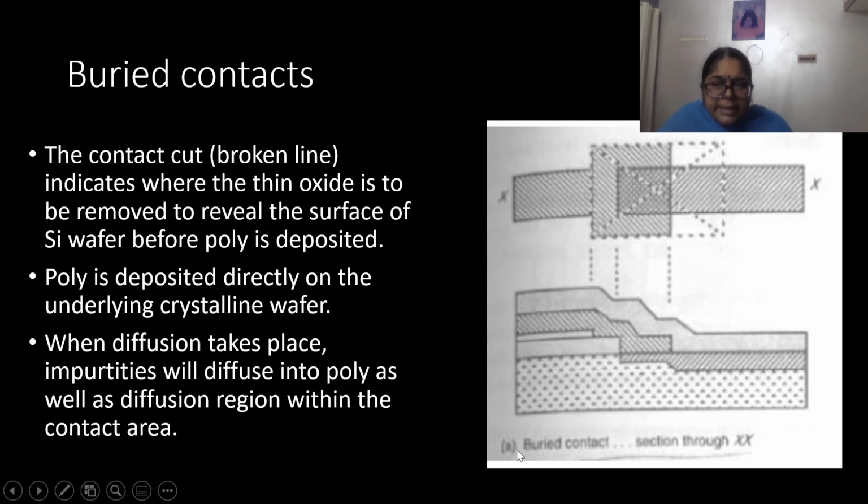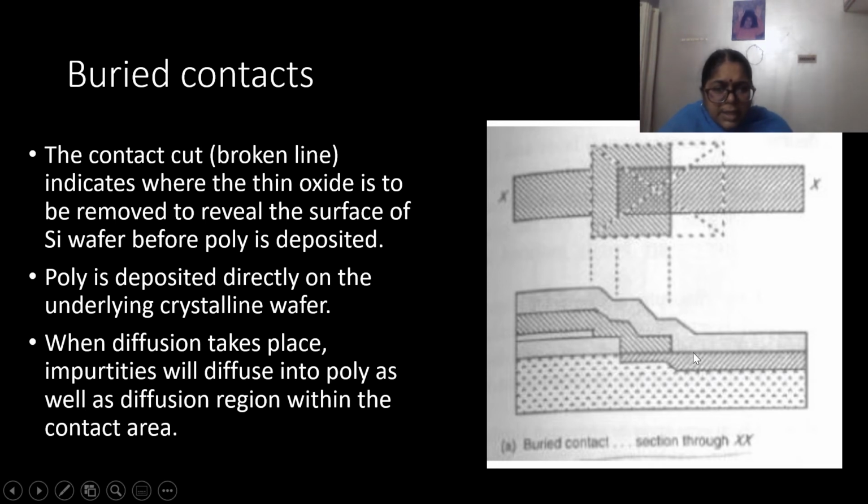Next, buried contact. Buried contact is indicated by dotted lines in this fashion and a cross. Thin oxide is to be removed to reveal the surface of silicon wafer before poly is deposited. You can see here first n diffusion has been done, the n-type impurities have been diffused in this particular area, and then when the silicon dioxide layer has been deposited over it, a contact cut has been made in this particular portion.